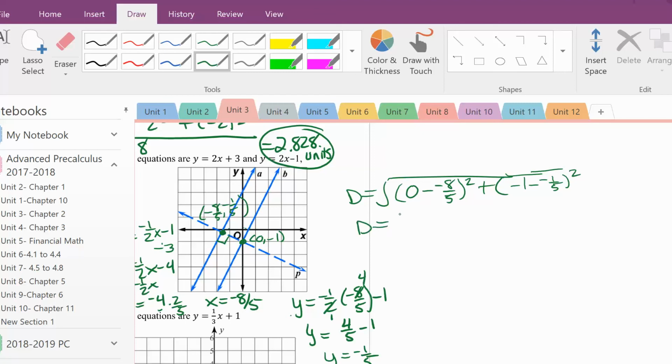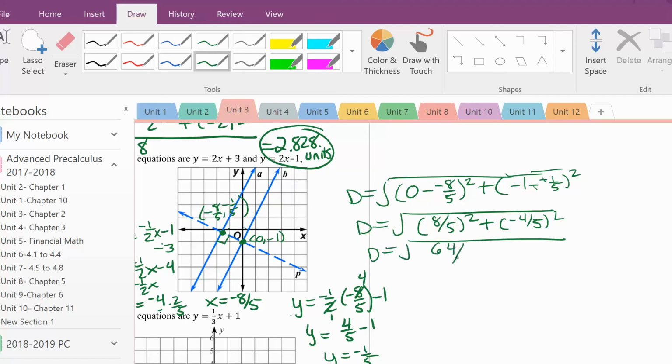So 0 minus a negative 8/5 is the same as positive 8/5 squared. Negative 1 plus 1/5, so negative 5/5 plus 1/5 is negative 4/5 squared. So it's 64 over 25 plus 16 over 25.